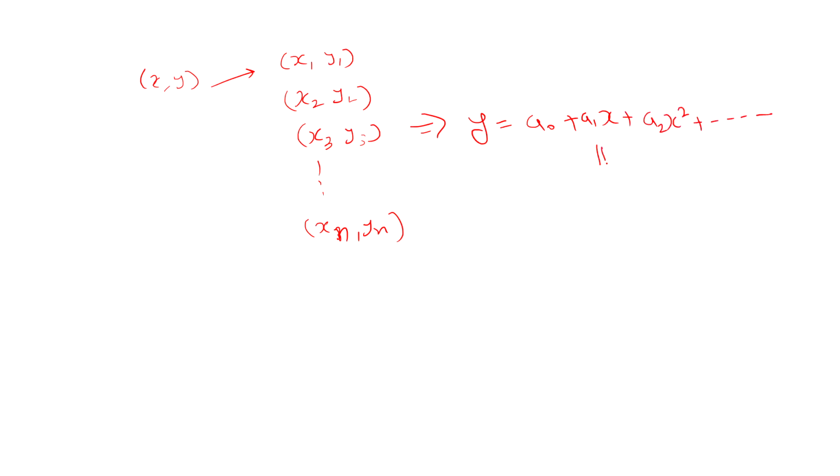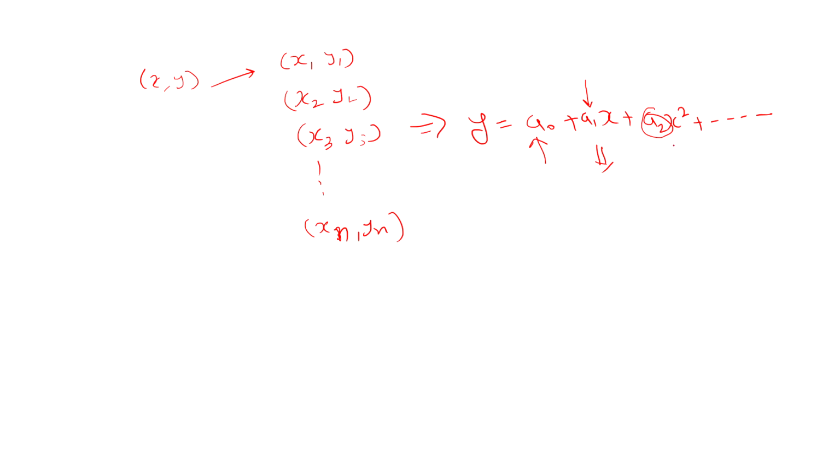Now why we are calling this a Taylor series is because this a0 is zeroth order derivative, this a1 is first order derivative, this a2 is linked with second order derivative, that is second order derivative divided by factorial 2.